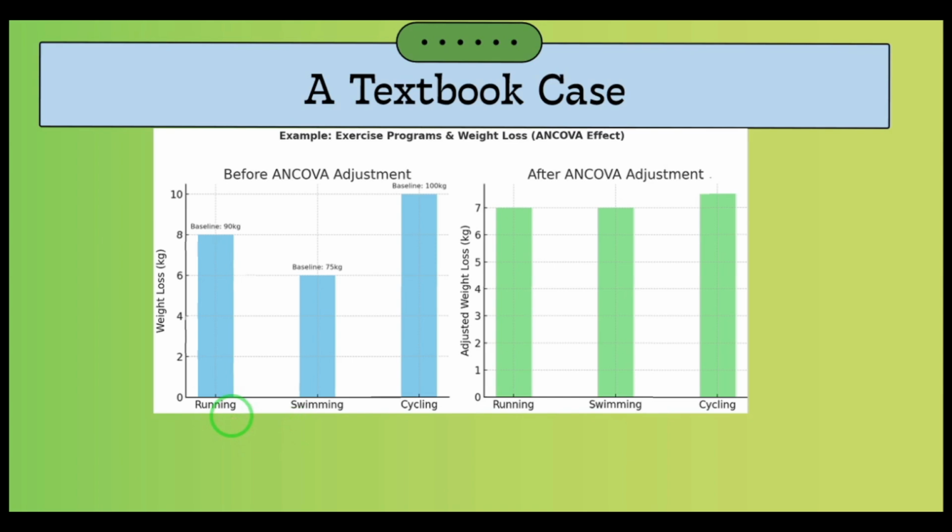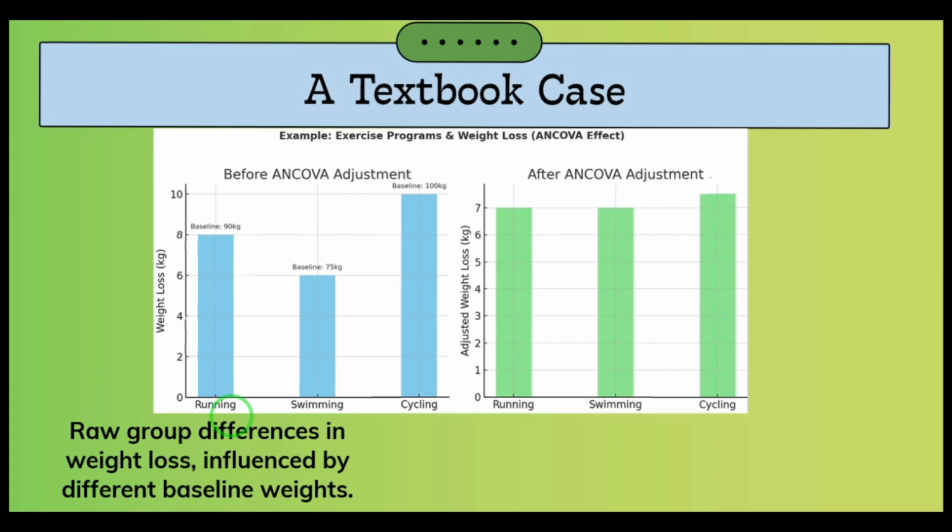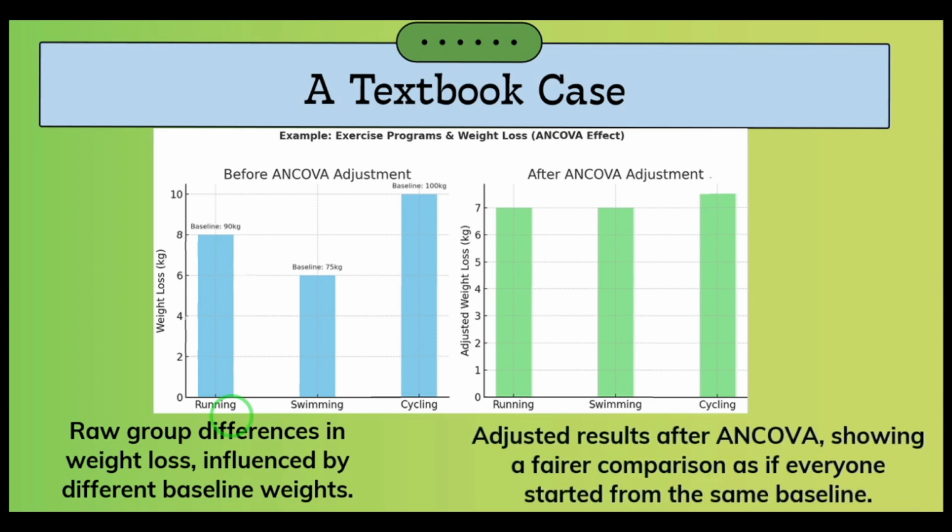Because we know that naturally people who start heavier often lose more weight in the same time frame, regardless of the exercise type. So by including baseline weight as a covariate in ANCOVA, you adjust for those initial differences. That way you can compare the exercise programs more fairly. It's as if everyone started at the same baseline weight, right?